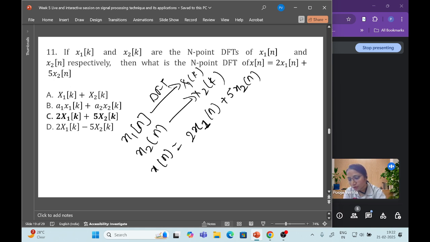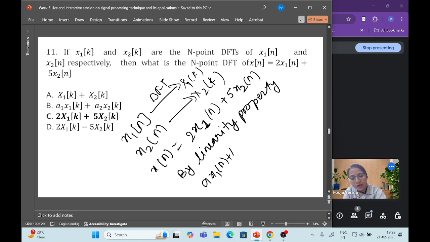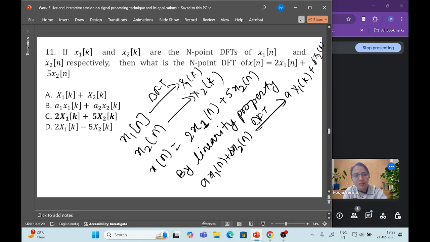Already we know by the linearity property, the DFT of a x1 of n plus b x2 of n will be a X1 of k plus b X2 of k.